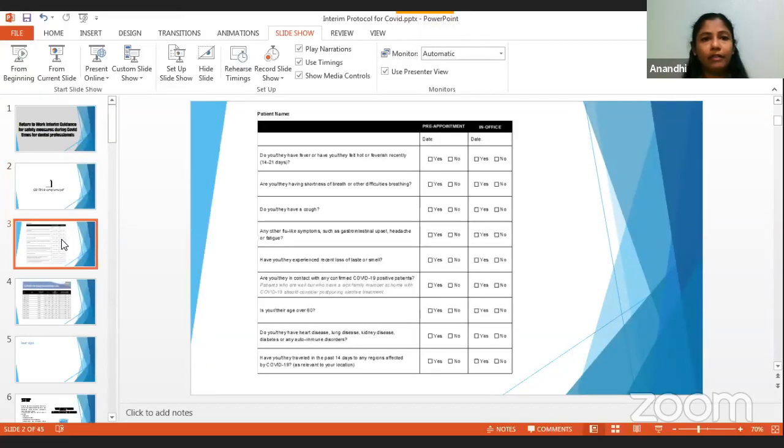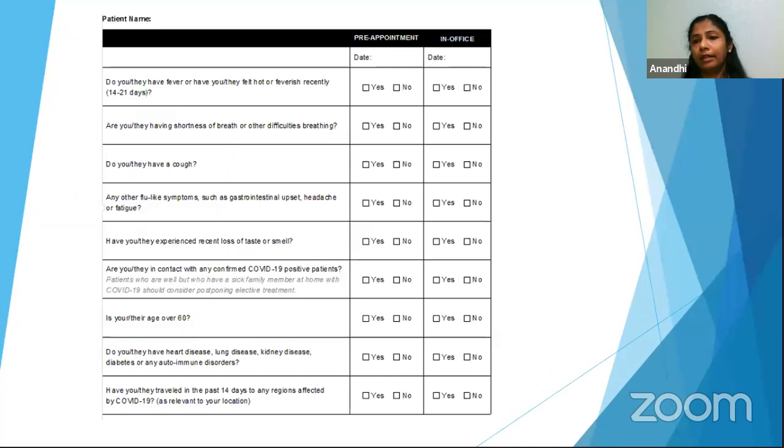Like I was saying, even before the patient comes into the clinic, this is what we're looking for. We have our staff call the patients when they make an appointment and ask them whether they have the signs and symptoms of COVID.